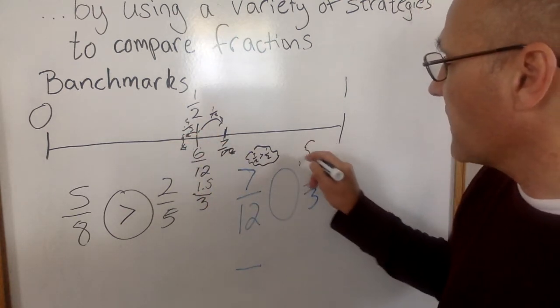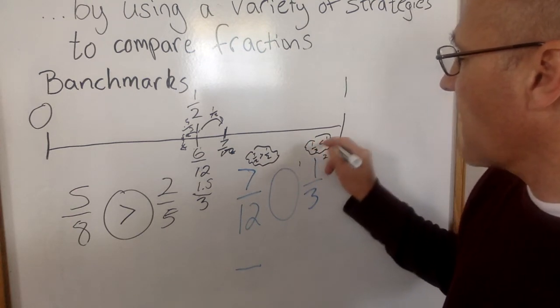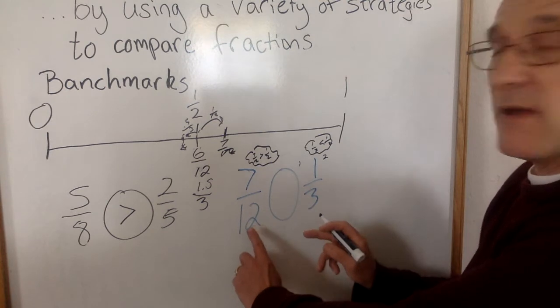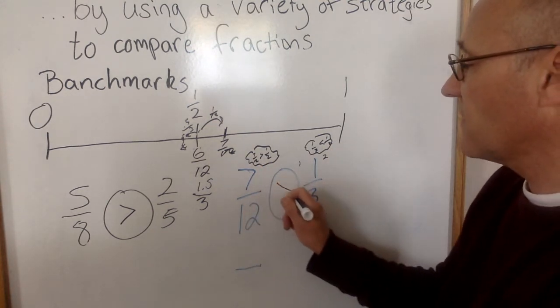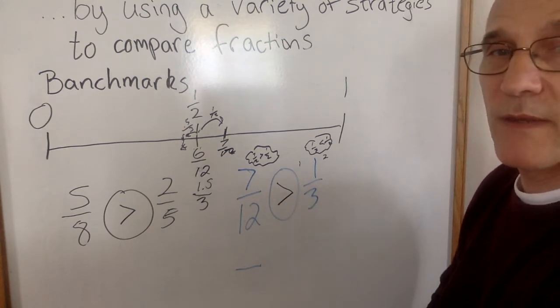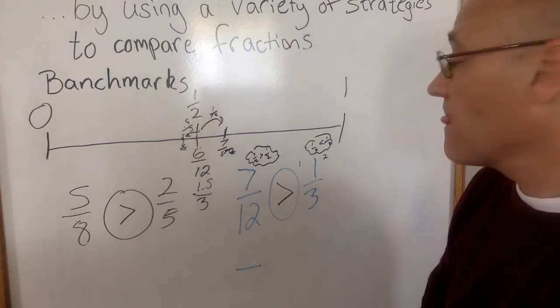So all I'm thinking in my head is 1/3 is less than half. Since 7/12 is greater than a half and 1/3 is less than a half, 7/12 is greater than 1/3.